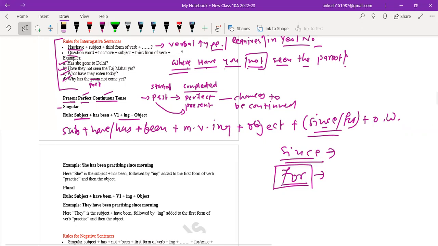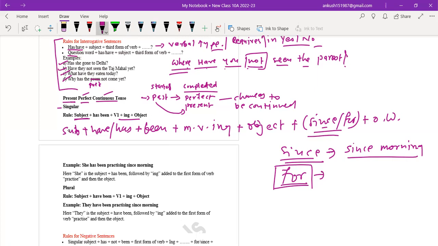Means we do not know when the action started. For example, if I write since morning, I don't know when in the morning that action started in the past. That morning could be from 4 o'clock, 5 o'clock, 6 o'clock, right? Am I clear? So for this we use since.